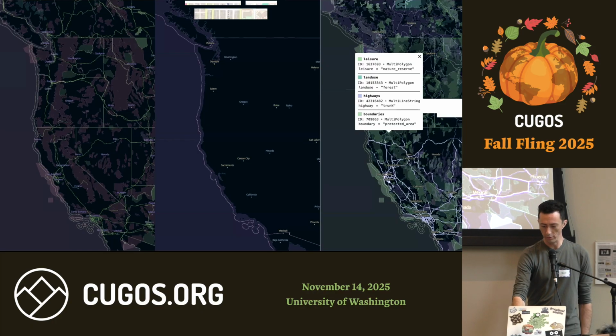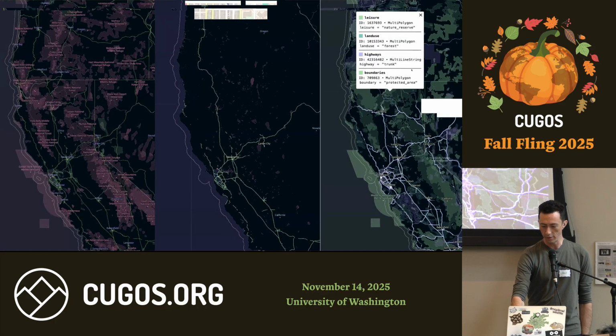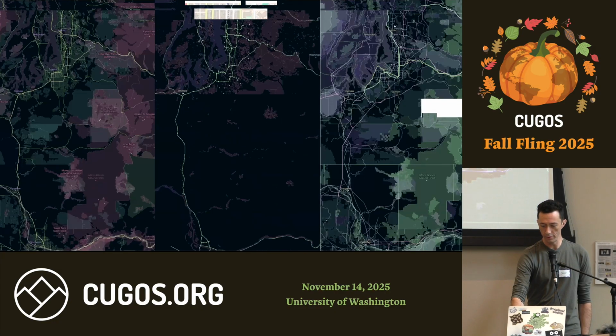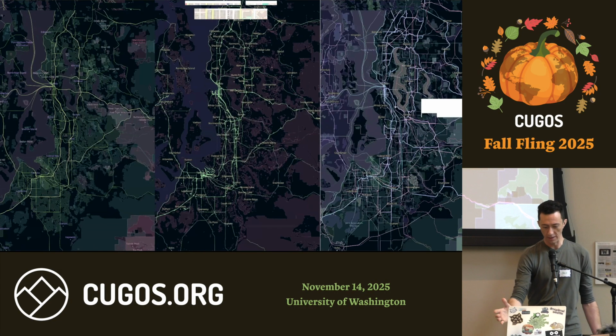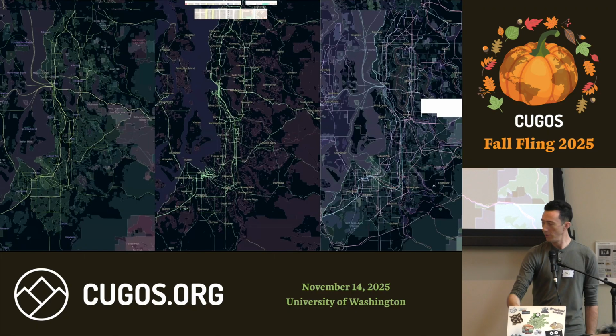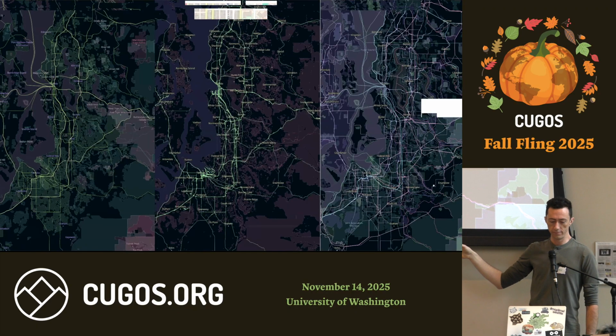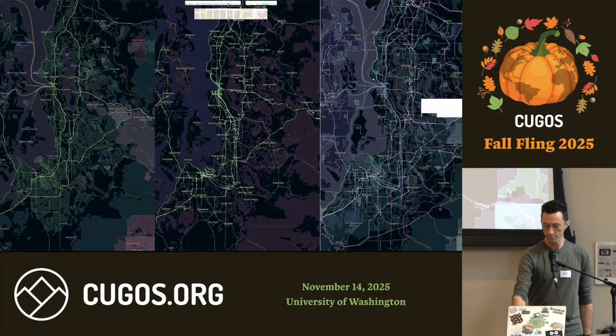It has more roads. As you zoom in further, there's more data available in Sourdough at the expense of tile sizes. So at this zoom level, we have rivers, railways, power lines, lots of features that are not available at any zoom in existing schemas because they're optimizing for a narrower use case.